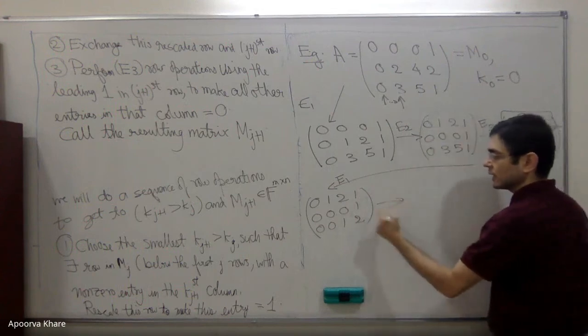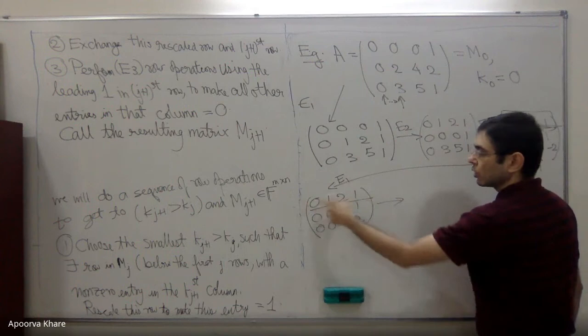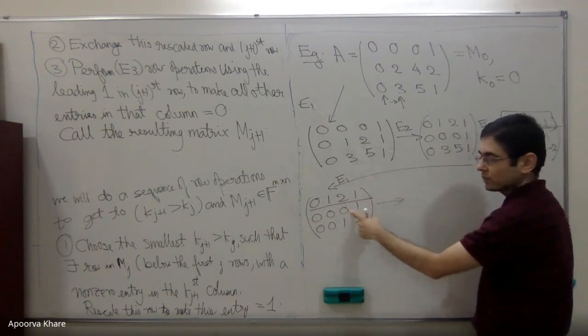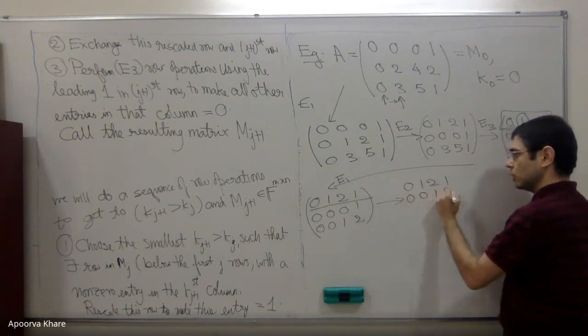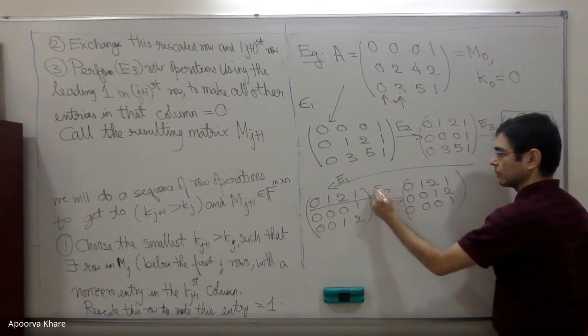Now after that, this row should be pushed up as much as possible. You are no longer allowed to touch the first row because j equals 1 now, so you take it to the j plus first row: 0, 1, 2, 1, 0, 0, 1, 2, 0, 0, 0, 1. This is after E2.